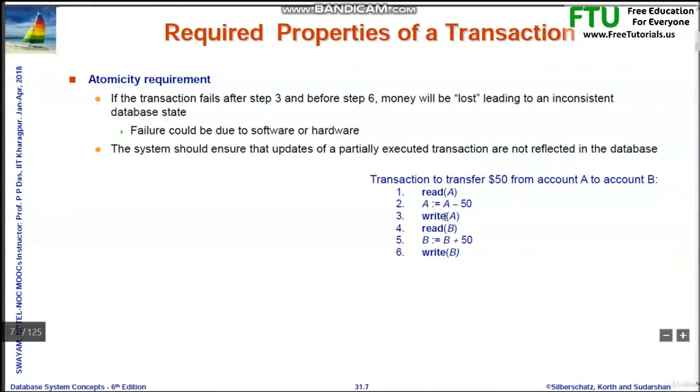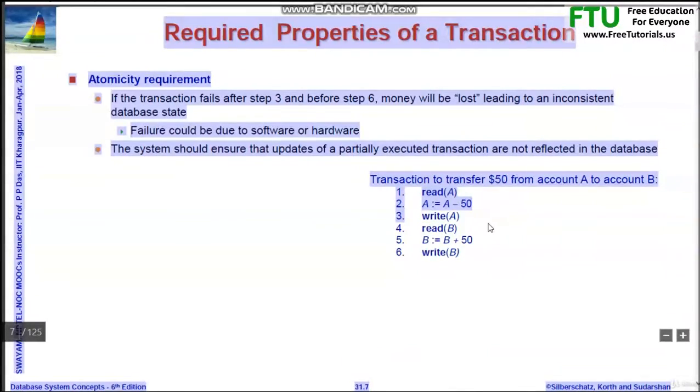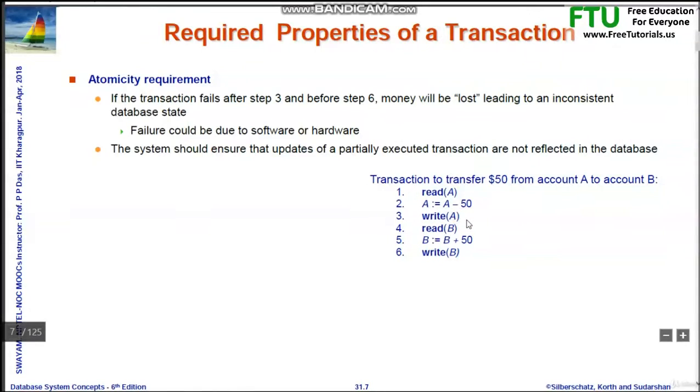Write A means in our database, in A's account balance we have written 50, and initially it has 100, so $50 is lost, and the remaining steps are not executed. So our system becomes inconsistent because A lost $50, and B did not receive that money because at the third step our system failed.